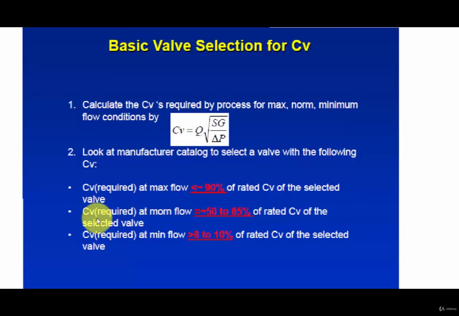So again, CV required at normal flow should be around 50% of the rated CV of the selected valve. Similarly, CV required at minimum flow should lie at 8 to 10% of the rated CV of the selected valve.